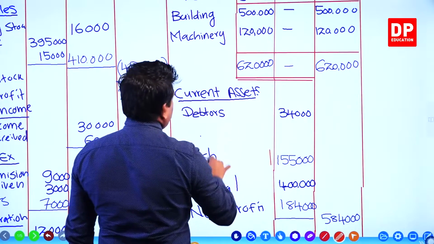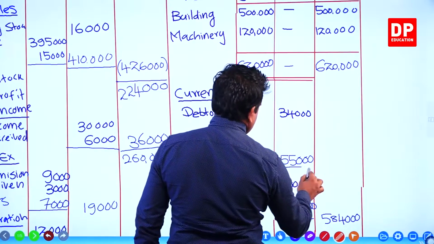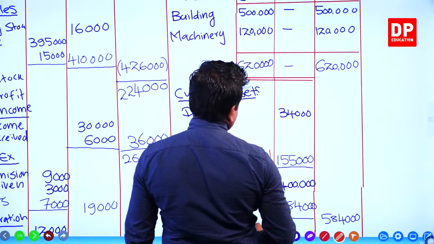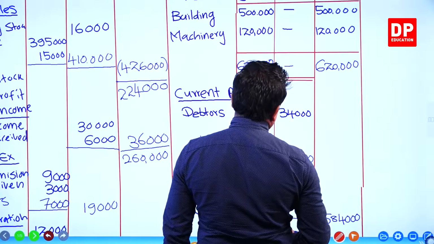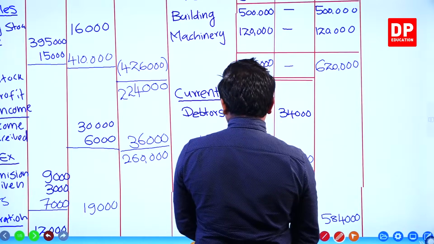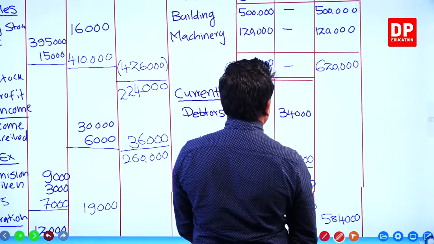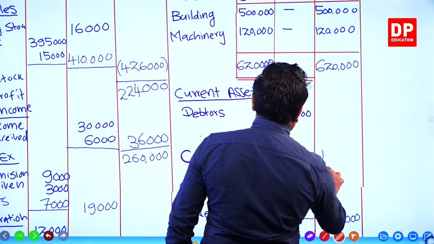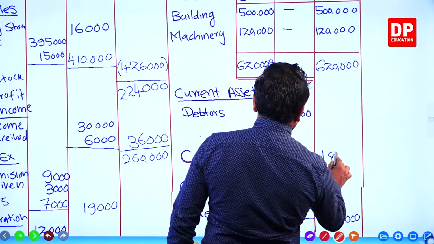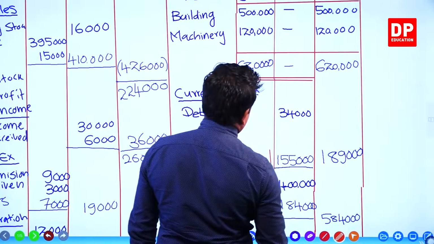Then there are only two items, right? Debtors and cash. Then you add these two current assets, right? How much? 189,000, right?